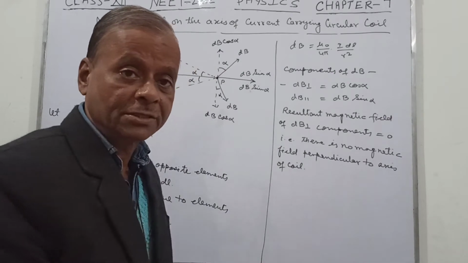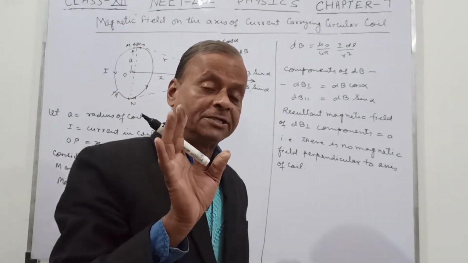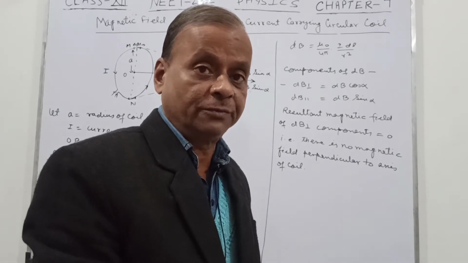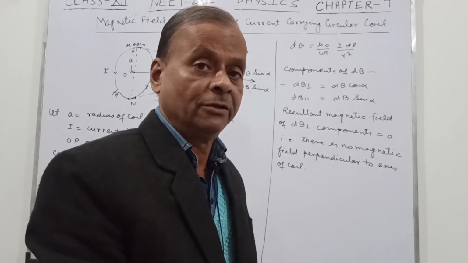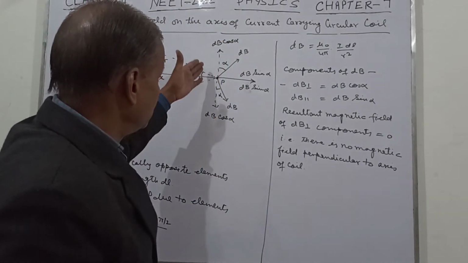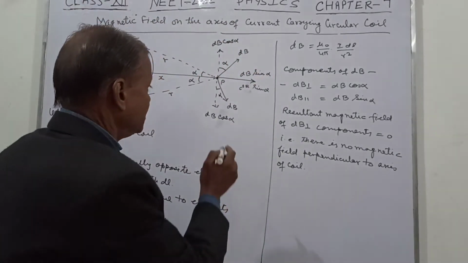No magnetic field means if suppose some charge is placed on this line which is perpendicular to the axis of the coil, the force will be equal to 0. So no force will act on this line perpendicular to the axis.